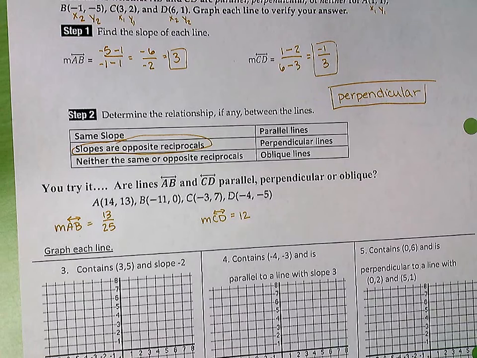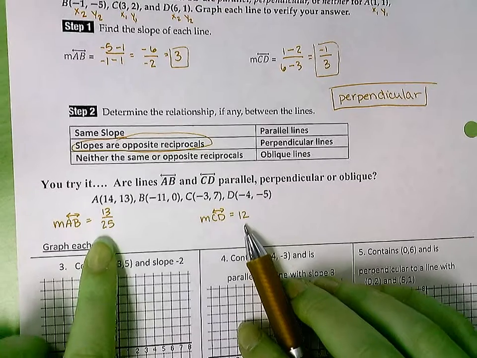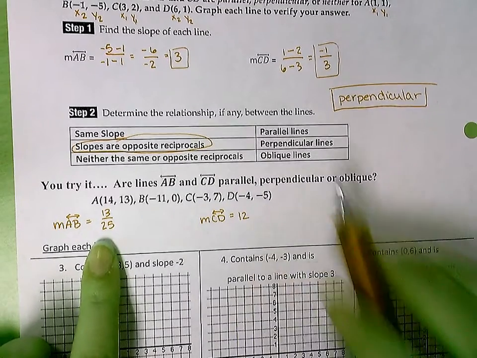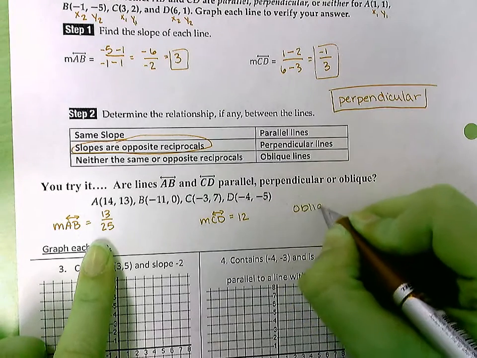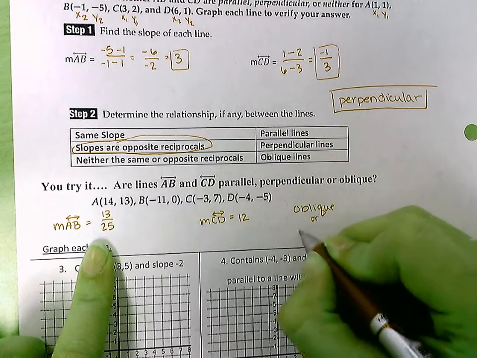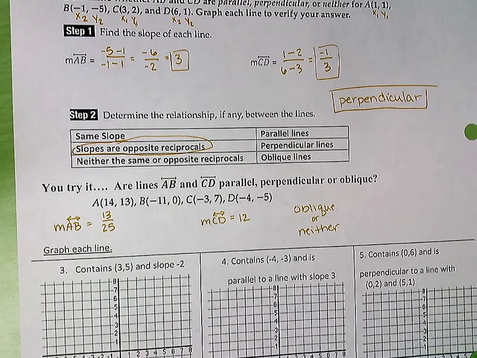Okay, so both of these slopes, they're not the same. And they're not opposite reciprocals. That means they're oblique lines. So you could have written oblique or neither. I'll accept both. Questions?